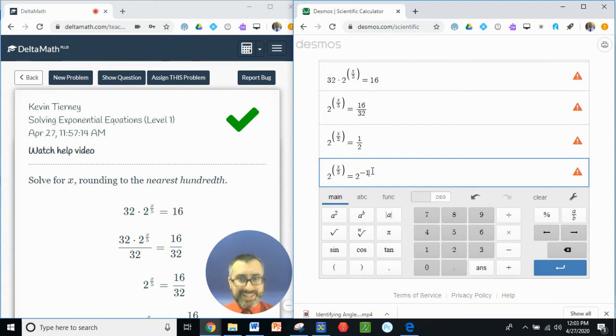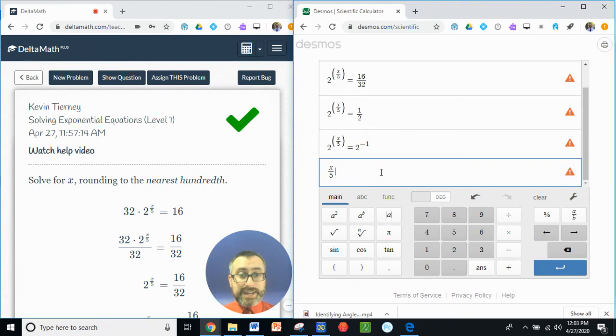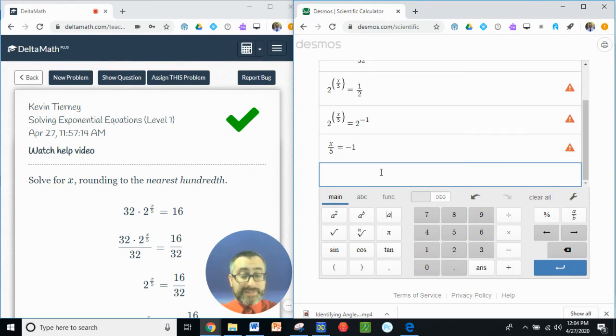Same base. That is a shortcut strategy that I love to use because it just means that I can erase the base. X over 5 equals negative 1, and then we have a pretty simple problem to do here. We could think of it as cross multiply, or we could just think of it as canceling division. Multiply both sides by 5, and once again, we'll get x equals negative 5.